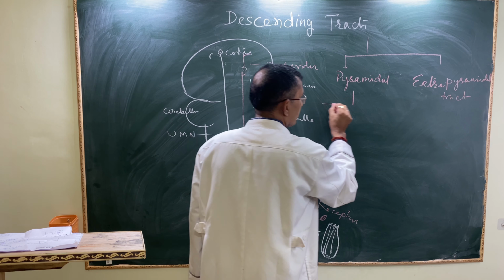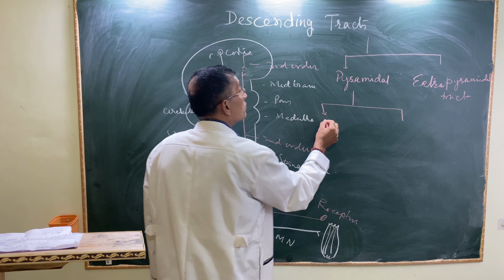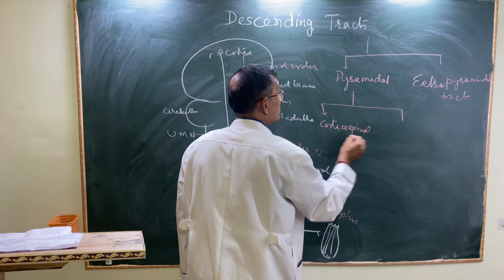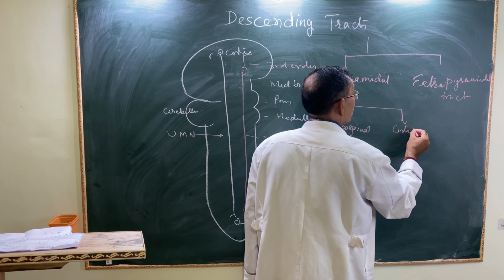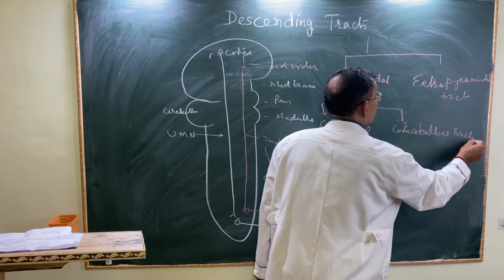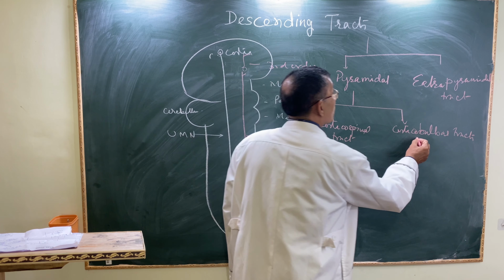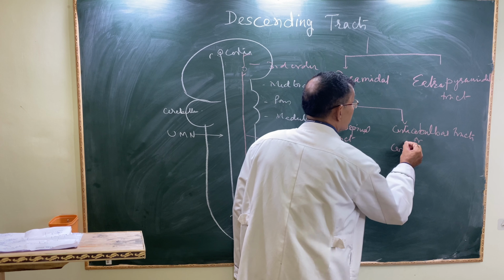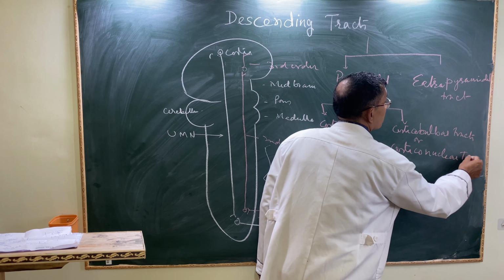Now again, pyramidal tract is divided into two: corticospinal tract, and another is corticobulbar tract. Another name of this corticobulbar tract is corticonuclear tract.